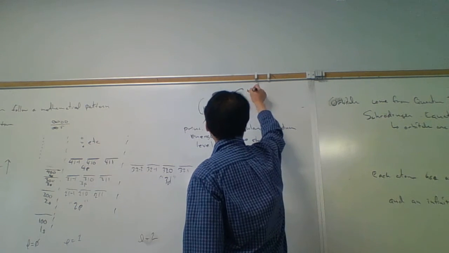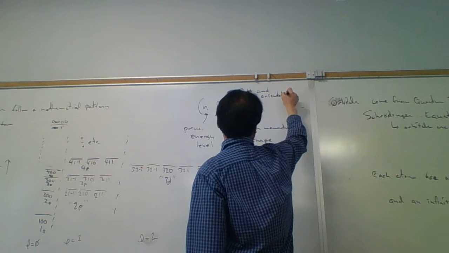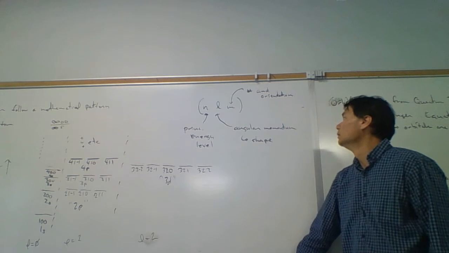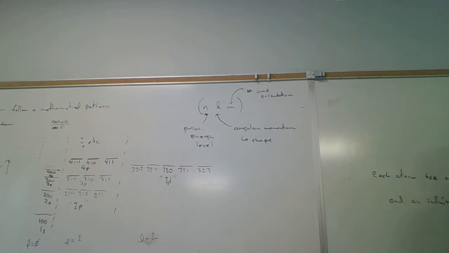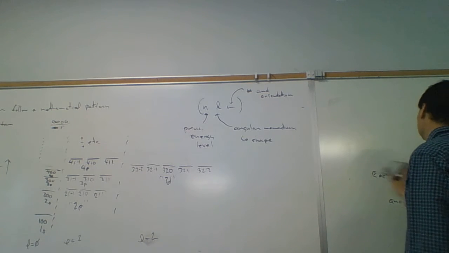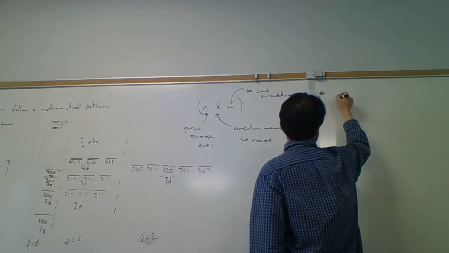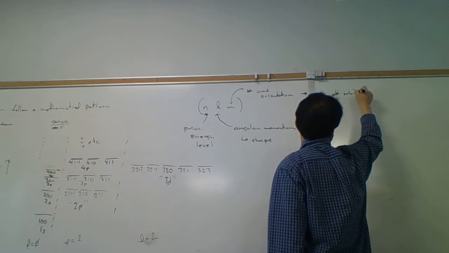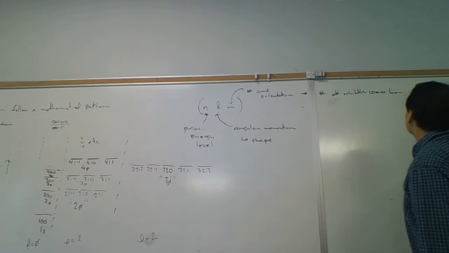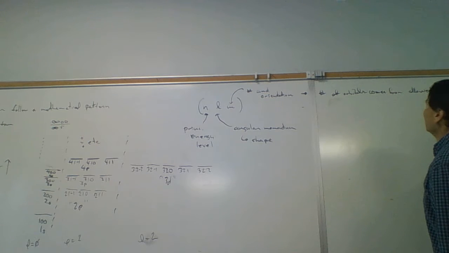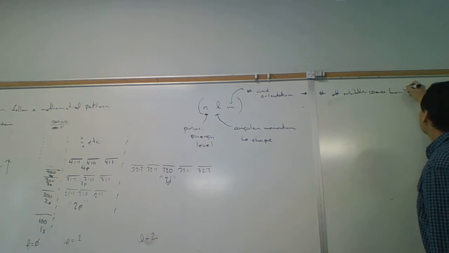M is going to tell us the number and orientation. The number of orbitals is a little bit tricky. The number of orbitals comes from the number of allowed M values.